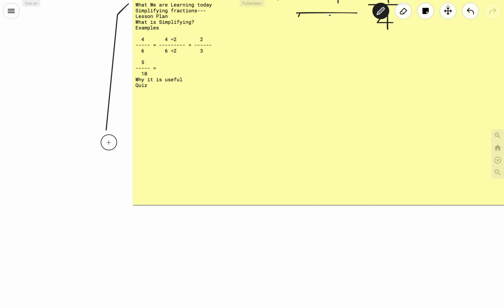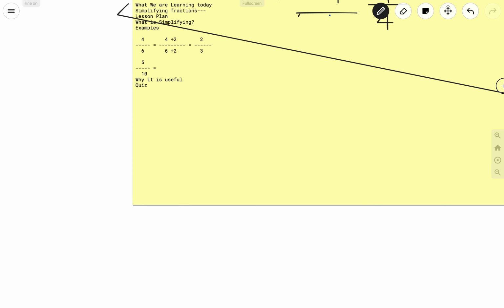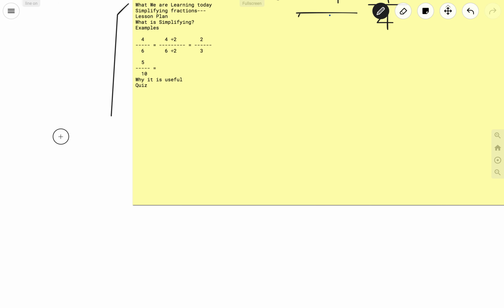What is simplifying? Examples. I'll make a few more examples. Why it is useful and in fact necessary. And at the end, we will have a short simplifying quiz.